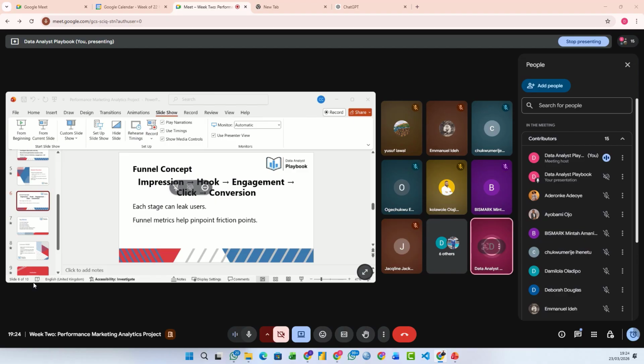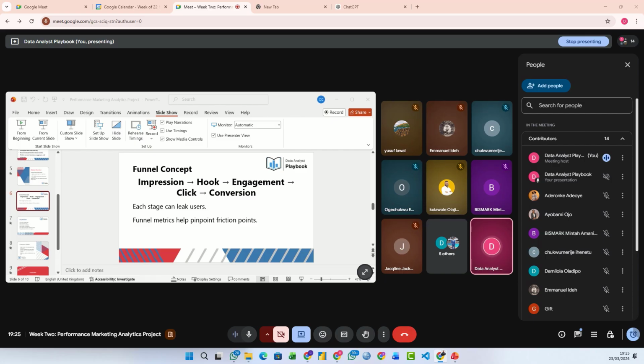So, is it the first 3 seconds that hook them? That means your call to action, your opening statement was really important. So if you don't take proper check of these stages, you can leak users. I am using marketing terms now.